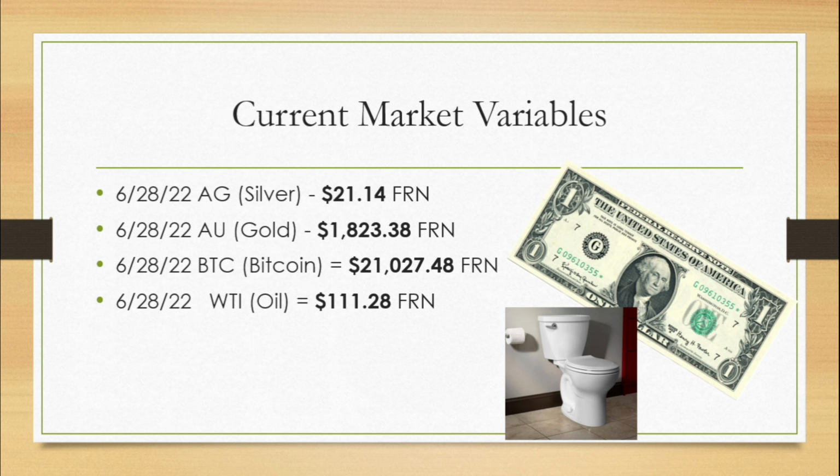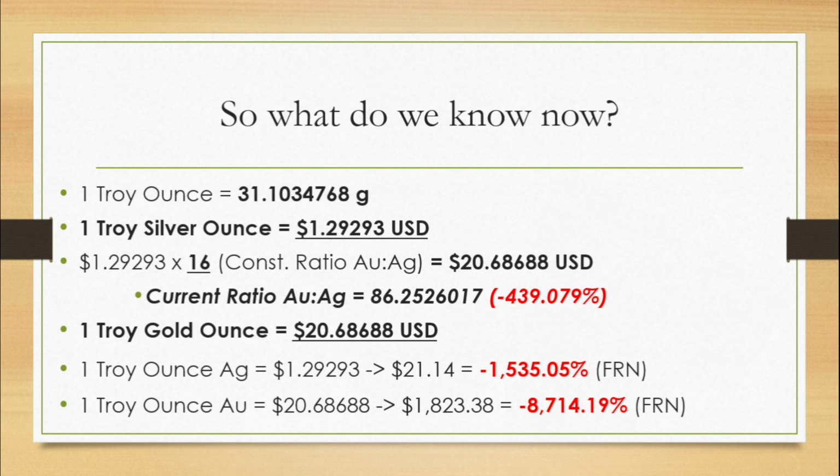Here are our reference points. So here's what we know now, and what you should know by now, especially from the last video that we did: 1 troy ounce equals 31.103468 grams. 1 troy ounce of silver equals roughly 1.29 constitutional dollars.